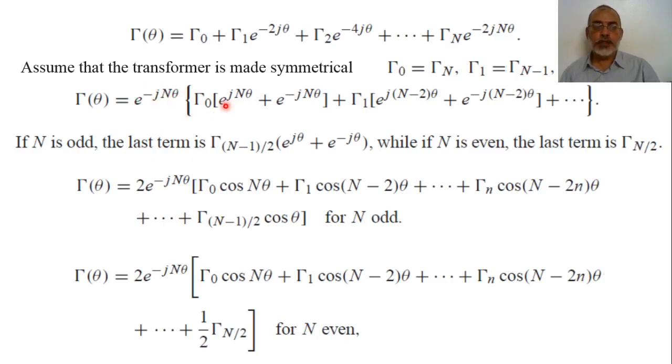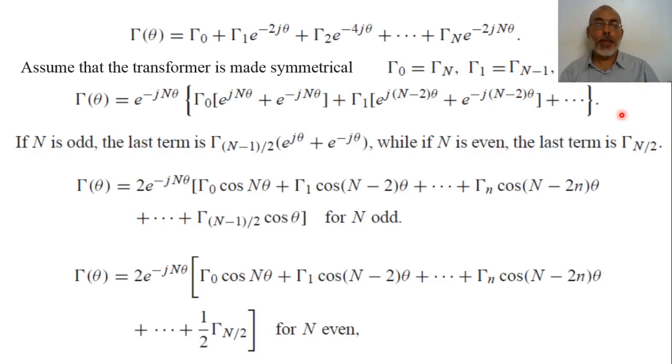If we insert this, it would be gamma naught multiplied by e to the power jn theta plus e to the power minus jn theta. Okay? In a similar way, gamma 1 multiplied by e to the power j(n minus 2) theta plus e to the power minus j(n minus 2) theta, and so on.